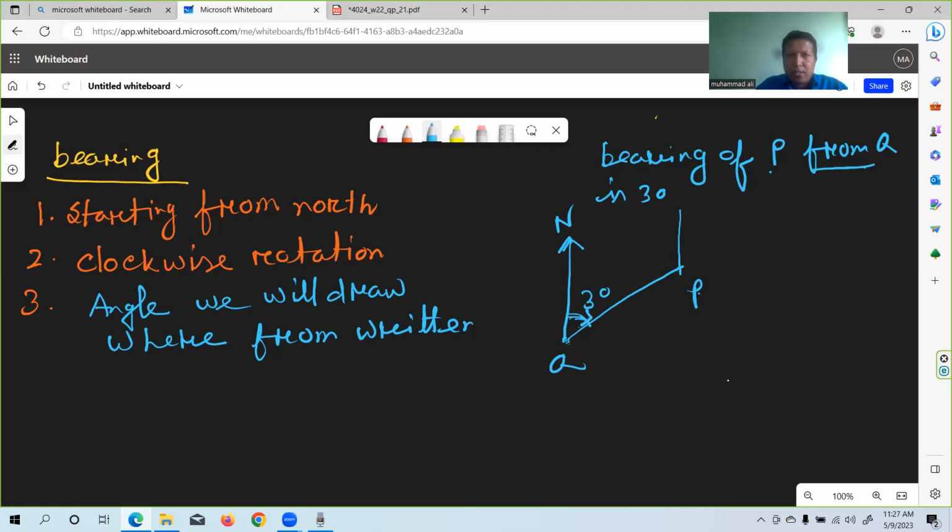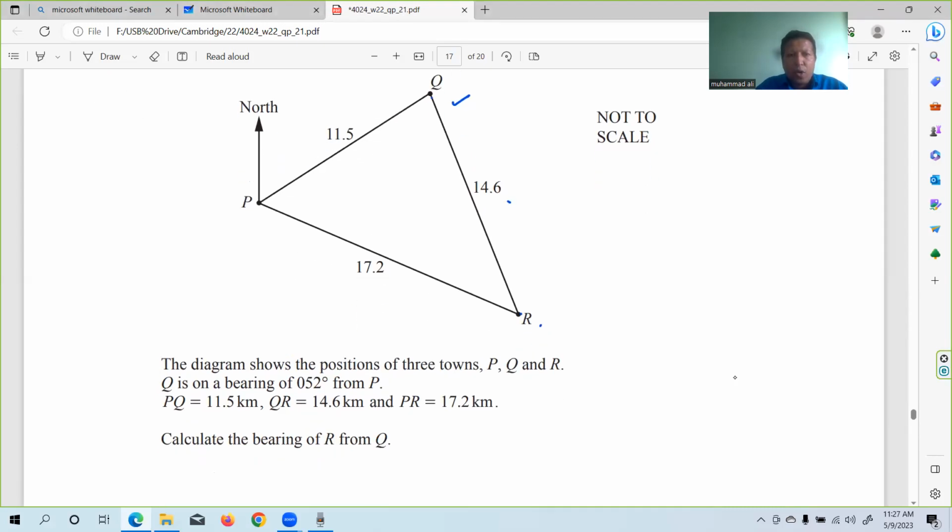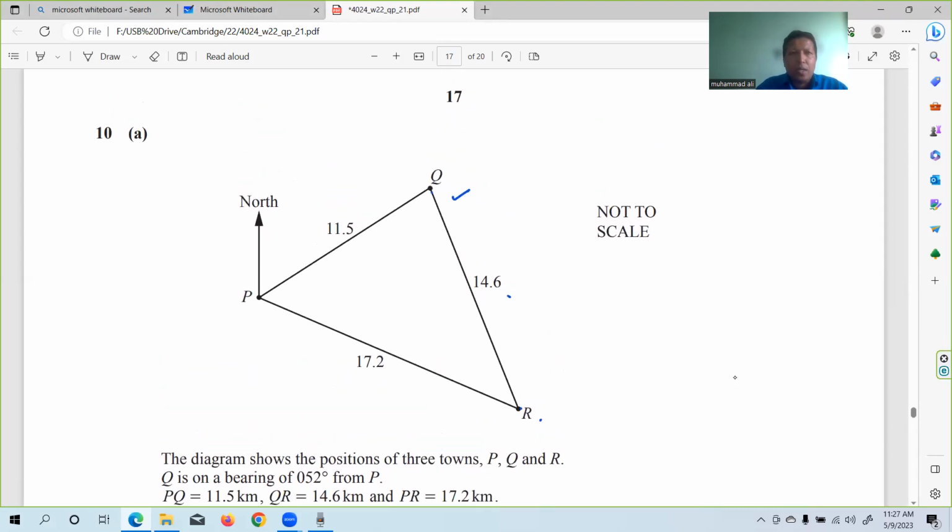Now in our maths here, calculate the bearing of R from Q. Here, Q is on a bearing of 52 degrees from P. That means we have to get this angle 52 degrees here. So upper side of Q, this is north.